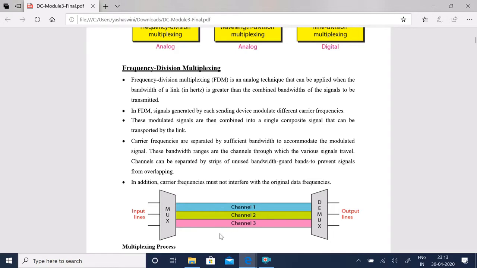If the available bandwidth is say 3 kilohertz, then each channel can get 1 kilohertz. At the demultiplexer, all these 3 channels of data are again converted into their corresponding output lines.